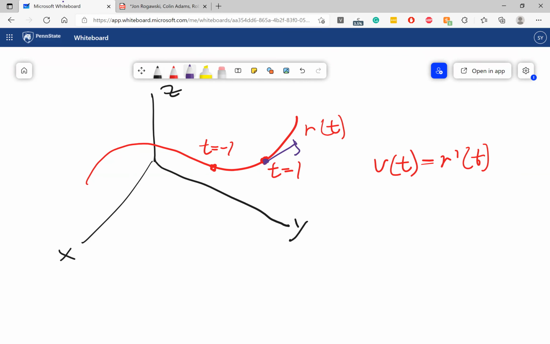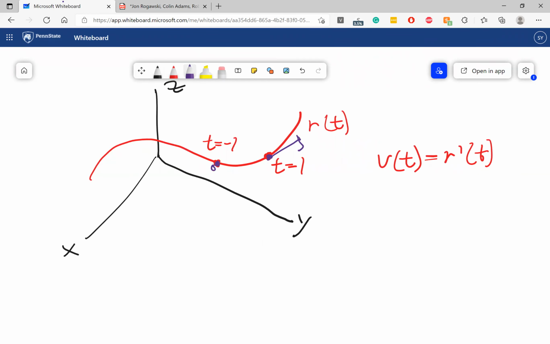Over here, it gives you another vector. To some degree, you can think about these vectors as first, what direction do I go if suddenly I leave the path and I just start moving in a straight line? So you go in this direction. And another thing is, how quickly are you moving? In order to figure that out, you look at the magnitude of v of t.